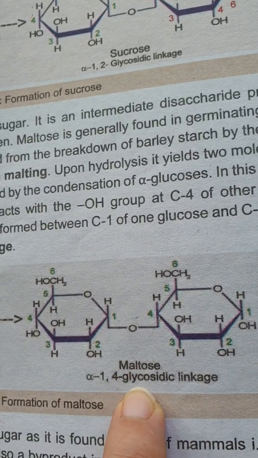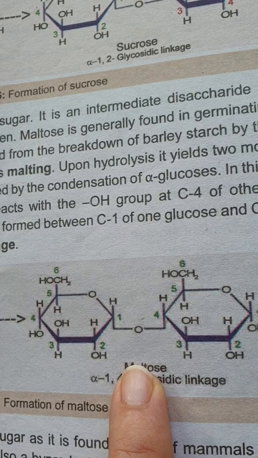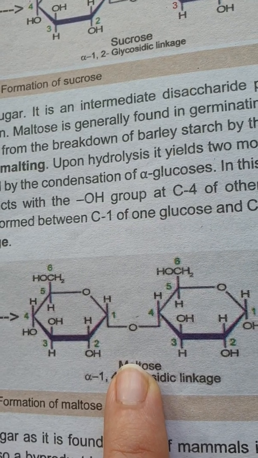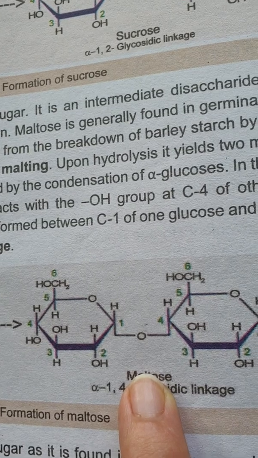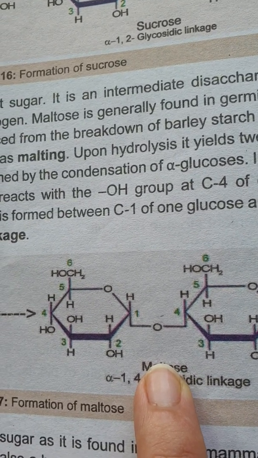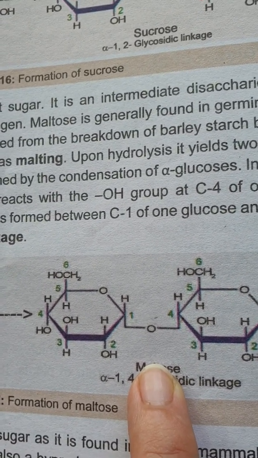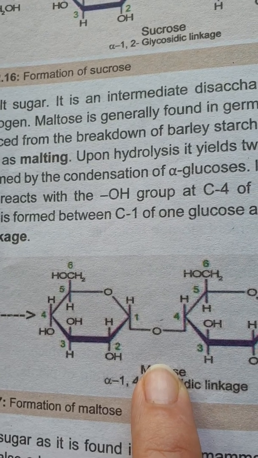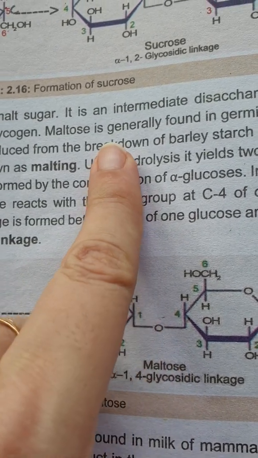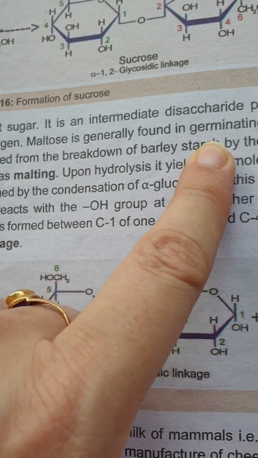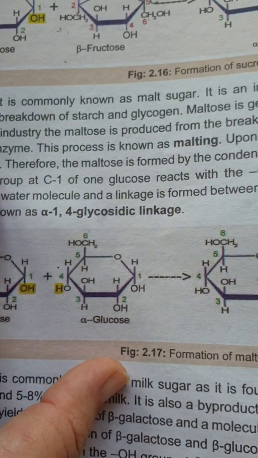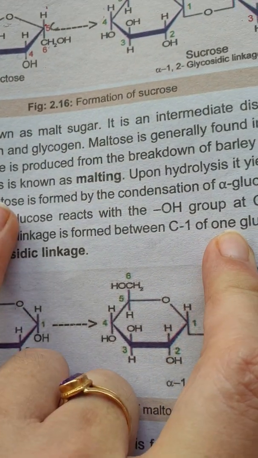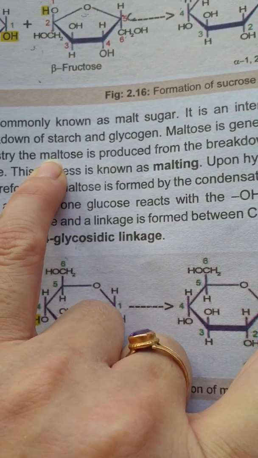the maltose. It is also known as malt sugar because it is present mostly in the fruits, and this is also produced during malting. And what is malting? Malting is the breakdown of starch with the help of the enzyme amylase, and during that process maltose is produced.